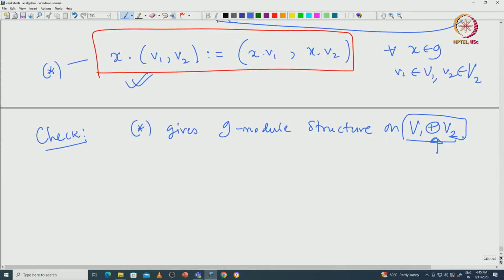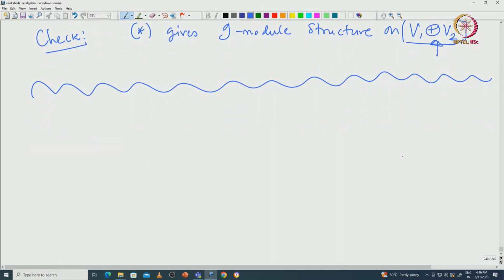So, now let us look at some important results about these finite dimensional modules. You may ask the following question: what do we really do in representation theory? Indeed, what we are trying to do is this.